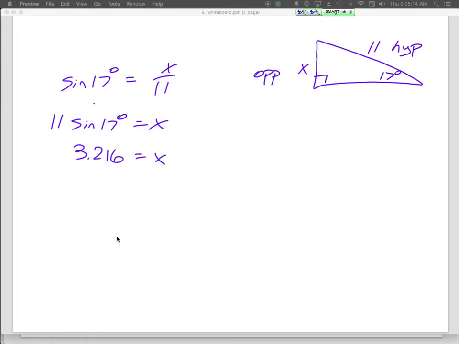What's something I can do really quick to compare 3.216 with to make sure my answer makes sense? Pythagorean. That's really quick. Just put it in the triangle.